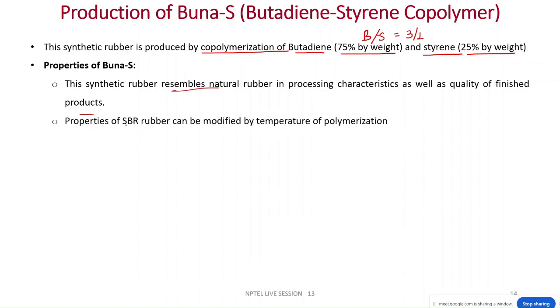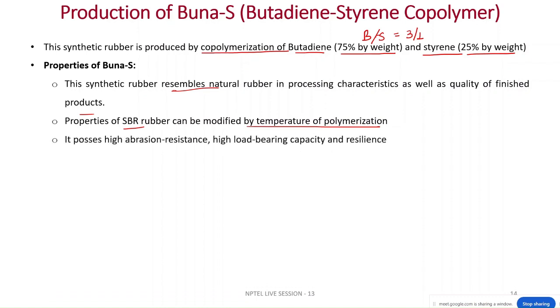The properties of the SBR rubber can be modified by varying the temperature of polymerization. It possesses high abrasion resistance, high load bearing capacity and resilience, and it swells in oil and solvent.